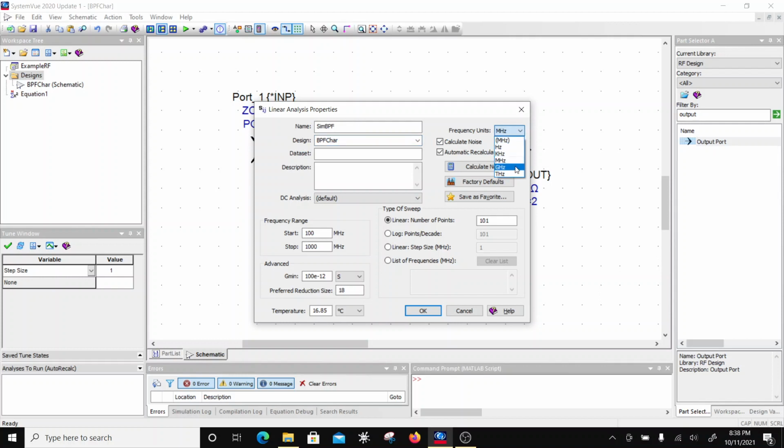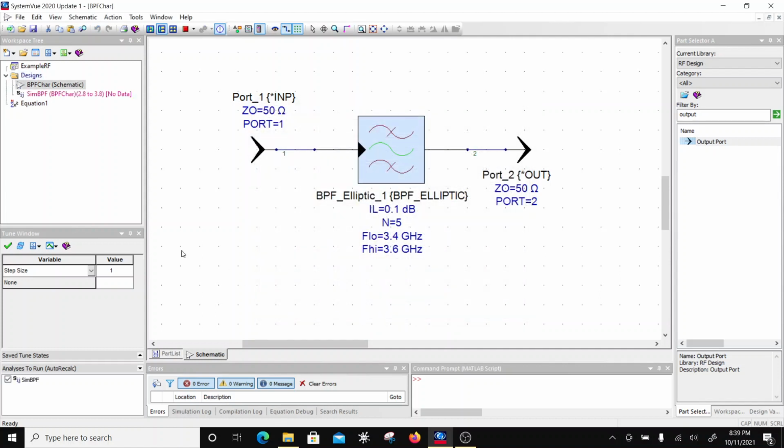Here the unit of frequency I'm going to put as gigahertz, and I'm going to go from 3.4 gigahertz to 3.6. Rather, I will go from 2.8 gigahertz, because I want to look at both pass band and stop band characteristics. So I'll go from 2.8 gigahertz to 3.8 gigahertz, and I want 501 points. We are all set, click OK, and the simulation is done.